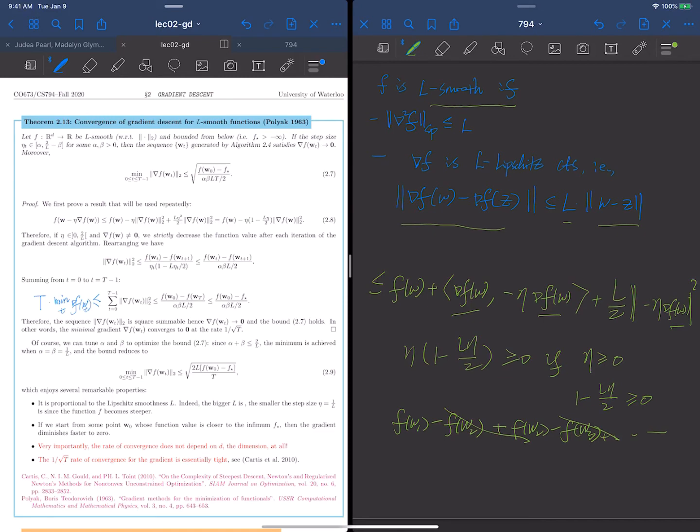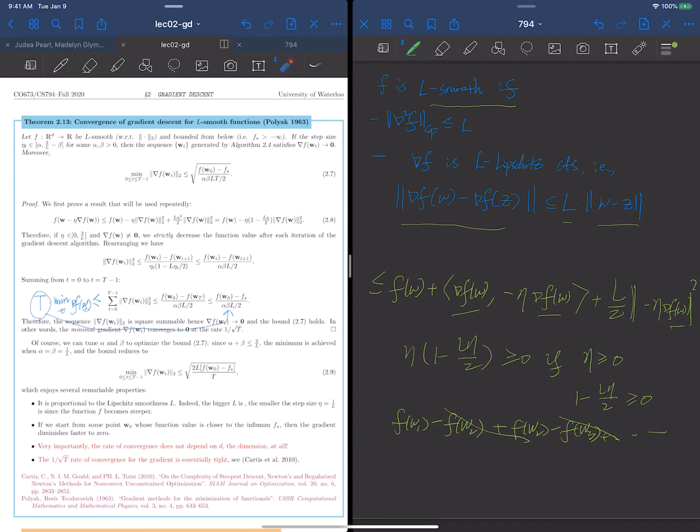So if I have a sum of terms, it's greater than the number of terms multiplied by the minimum value there. Right? This is clear. And then if you move T to the right hand side, you get what is claimed in here. Okay? All right, so that's basically our proof. As you can see, it's extremely simple. It boils down to basically the definition of L smoothness.